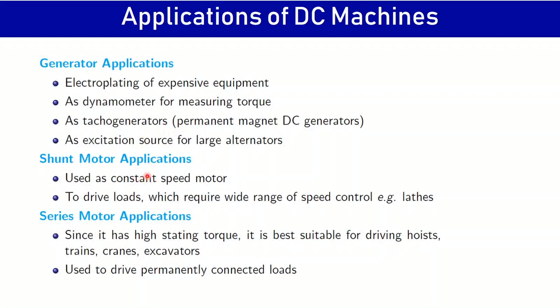Similarly, a shunt motor is used as a constant speed motor, whereas mainly in traction applications we use series motor because here if you derive a relationship between torque and speed, you see that the torque is proportional to the square of, I am sorry, the current is proportional to the square root of the torque. So for a 4 times increase in torque, the increase in current is only 2 times. So in most of our electric locomotives, we use DC series motors.